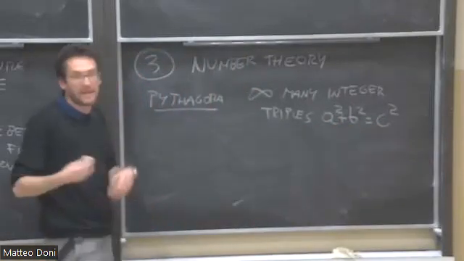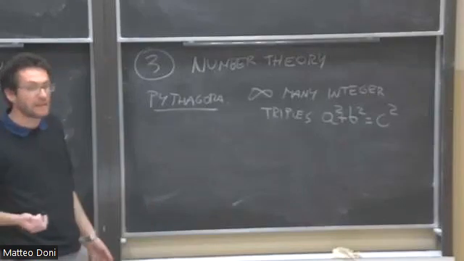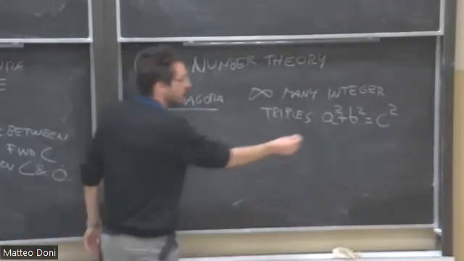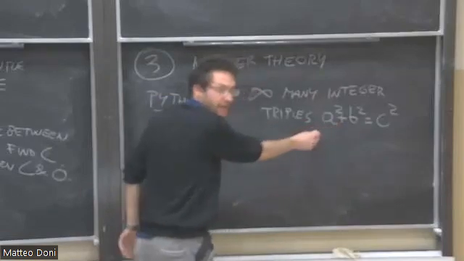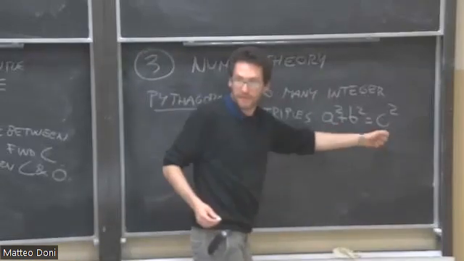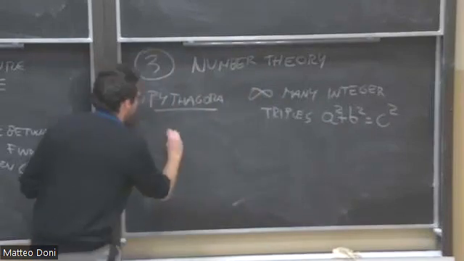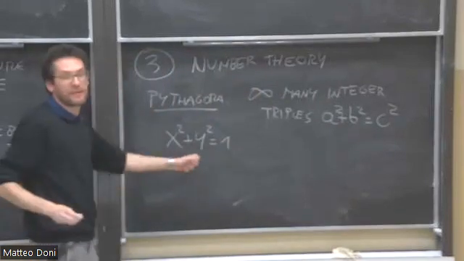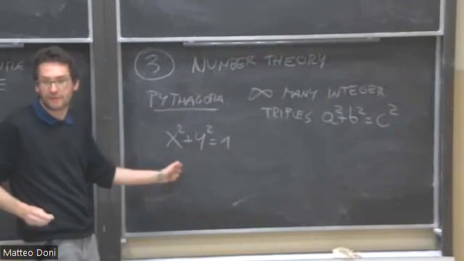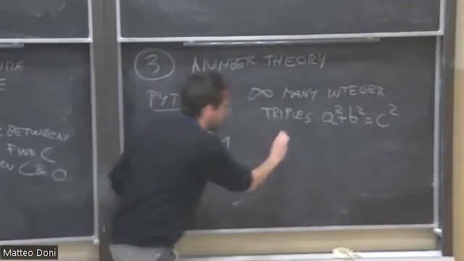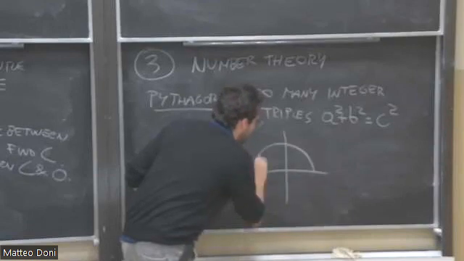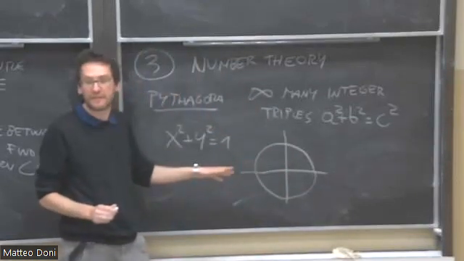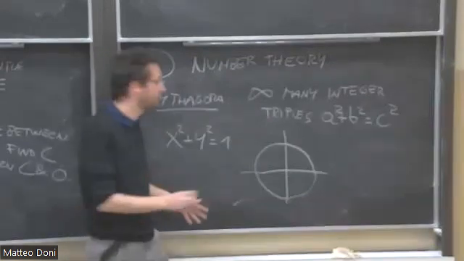There are many ways to prove this, but an easy way is to use geometry. If I divide by this, it means that I'm studying the points with rational coordinates of the unit circle, and we have to see if this contains infinitely many rational points.